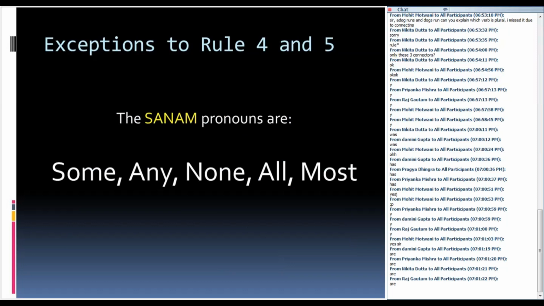If you remember, rule number 4 was about of constructions: whatever comes after the of construction, ignore it. For the SANAM pronouns, you will have to break that rule, because whatever comes after the of construction is the subject, and it will tell you whether it is singular or plural.